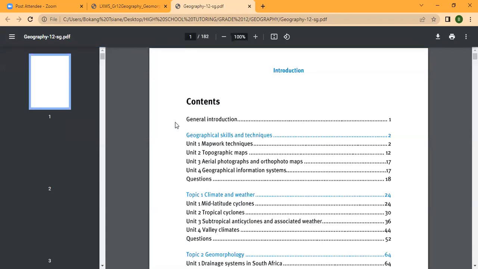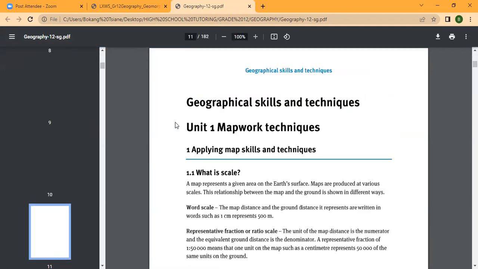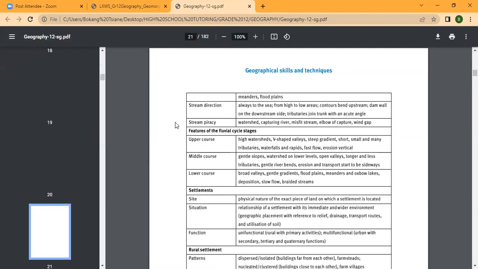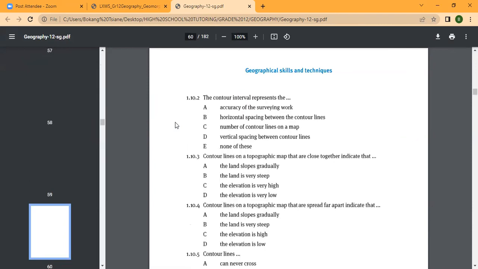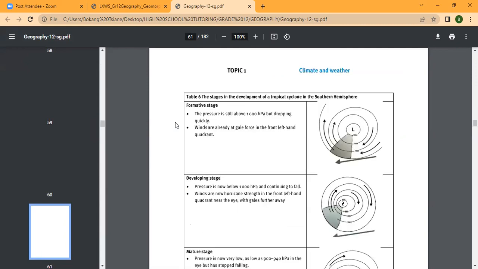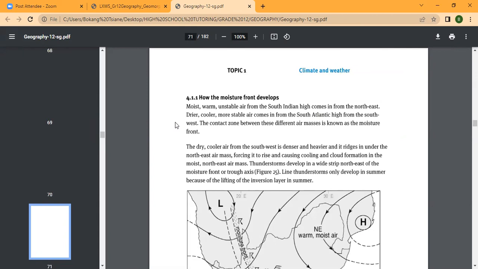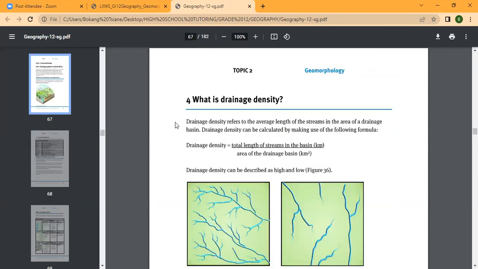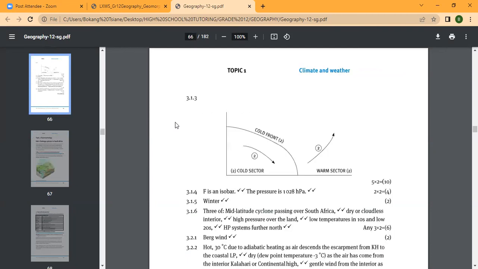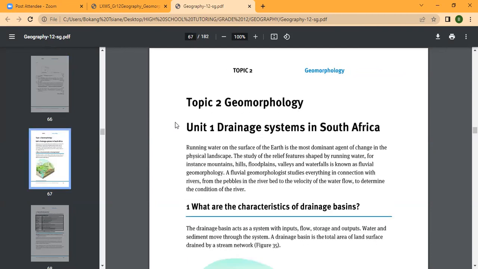Okay, the textbook has loaded. Let me go to the page for geomorphology. Okay, here it is.